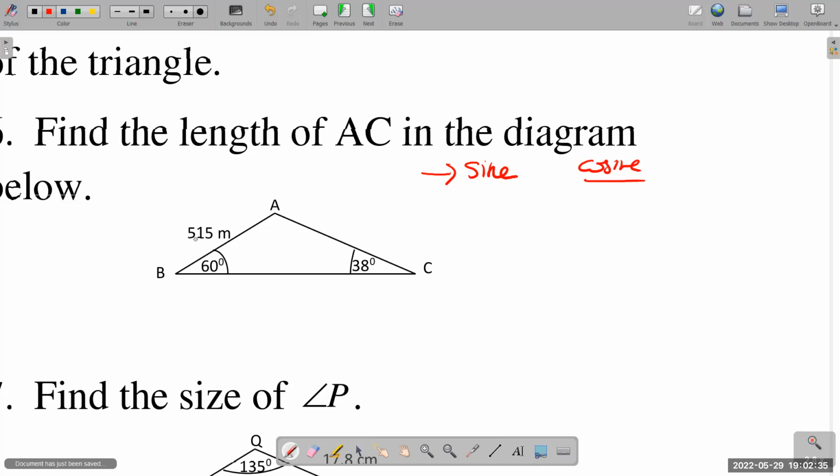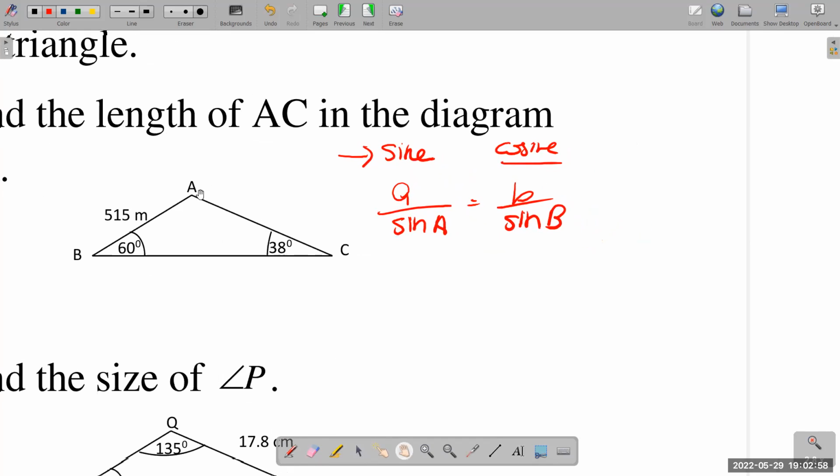So who do we choose? Sine or cosine? Excellent. So what is the first thing we do? We write out the formula. A over sine A is equal to B over sine B. And from here, it's all about substitution.